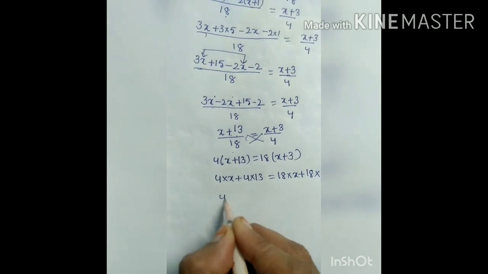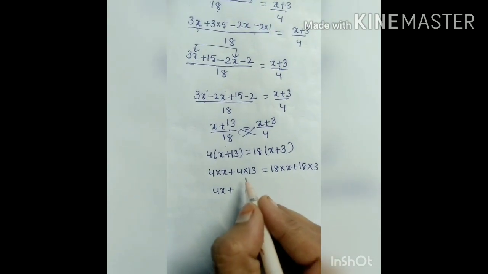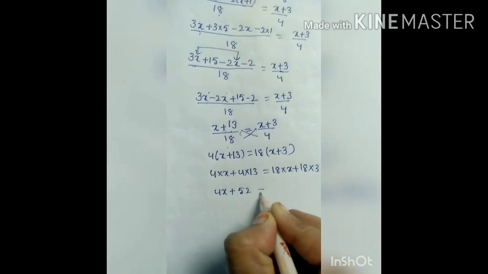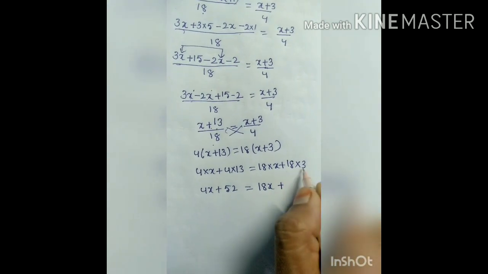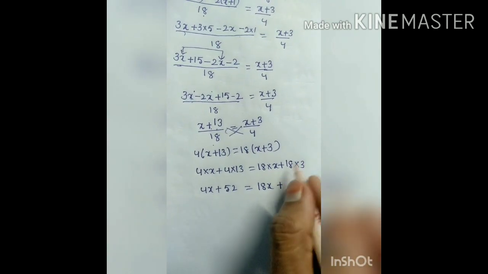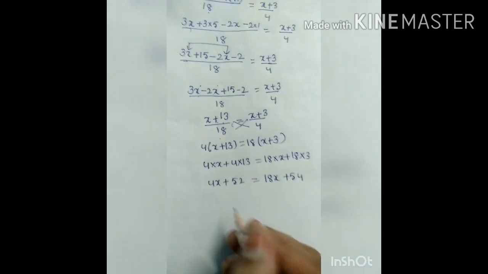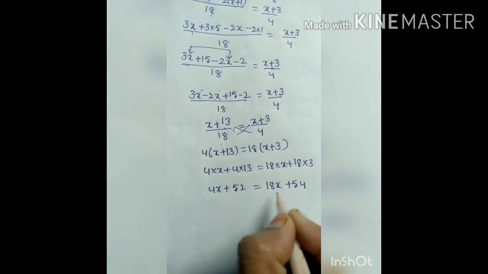So 4 into x is 4x, plus 13 4s are 52, is equal to 18 into x is 18x, plus 18 3s: 3 8s are 24, 3 1s are 3, plus 2 is 5, 54. So here now I will write the x terms.